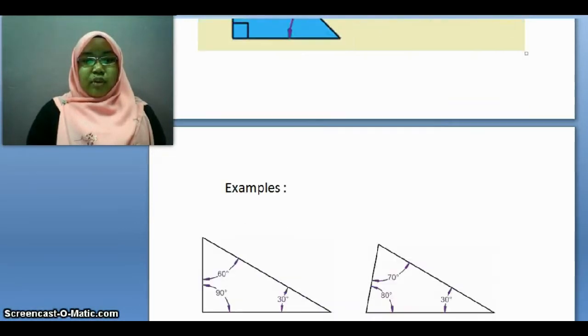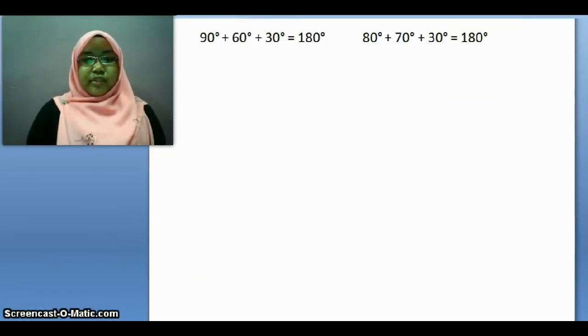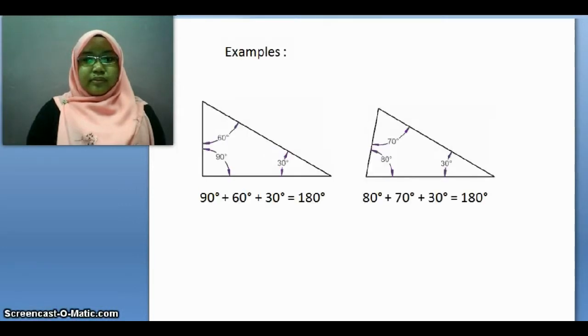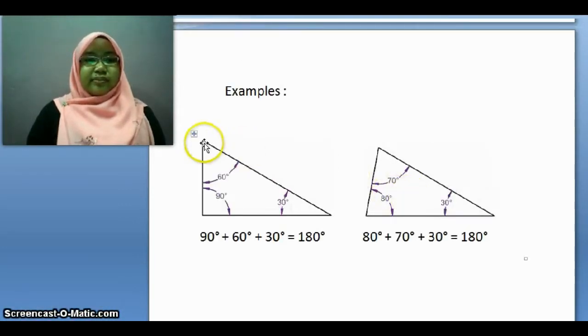To understand more, let's look at an example. We have one triangle that has 3 sides, 3 angles. Given the angles are 60 degrees, 90 degrees, and 30 degrees.